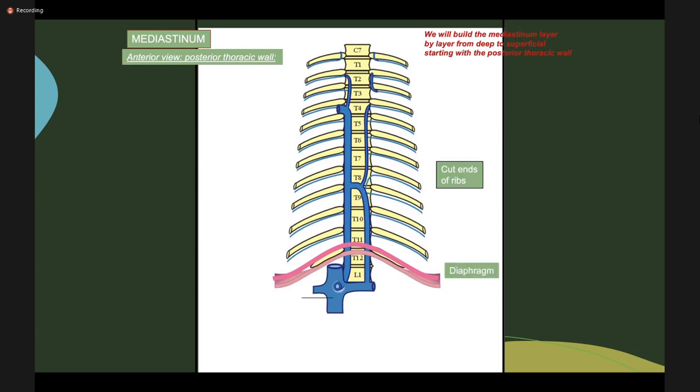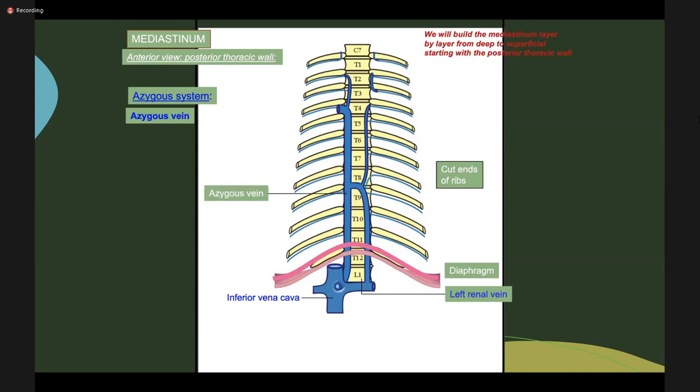This is just the organization of this image. Now we are looking at the inferior vena cava, renal vein, azygous system. Where is my azygous vein? There you can see. Posterior intercostal veins on the right side drain into azygous vein, but not in every space.